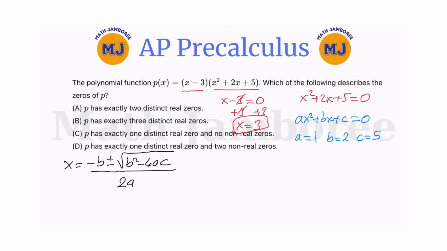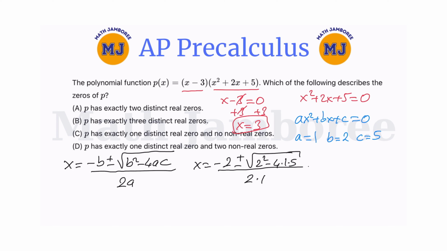Let's substitute the values in. x equals negative 2 plus or minus the square root of 2 squared minus 4 times 1 times 5, over 2 times 1.